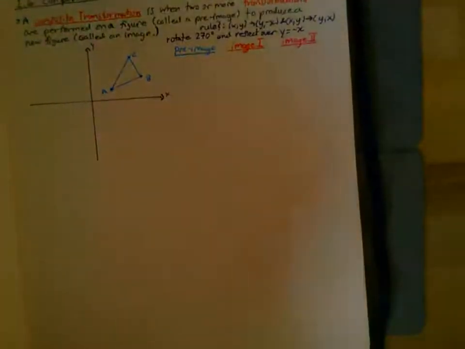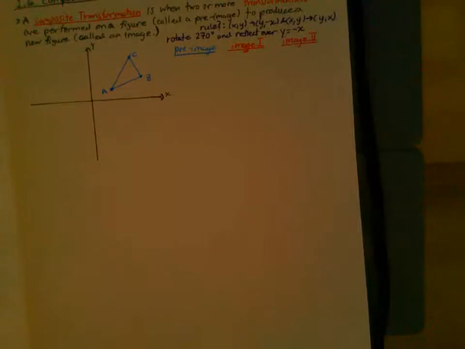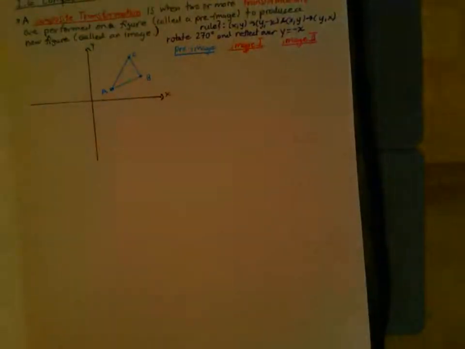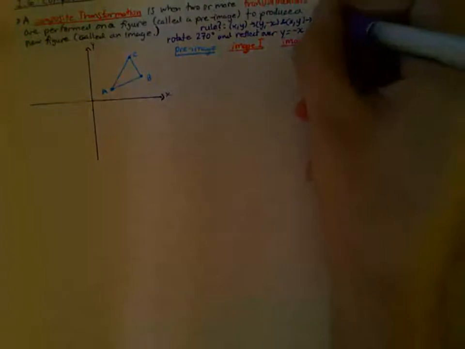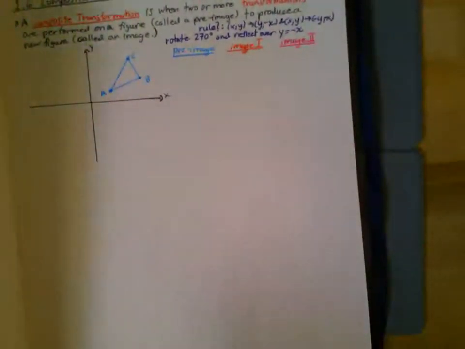Remember we have a negative value for a reflection. I'm trying to go back and look real quick just to make sure. We make them both negative. Okay, so those are my two rules.